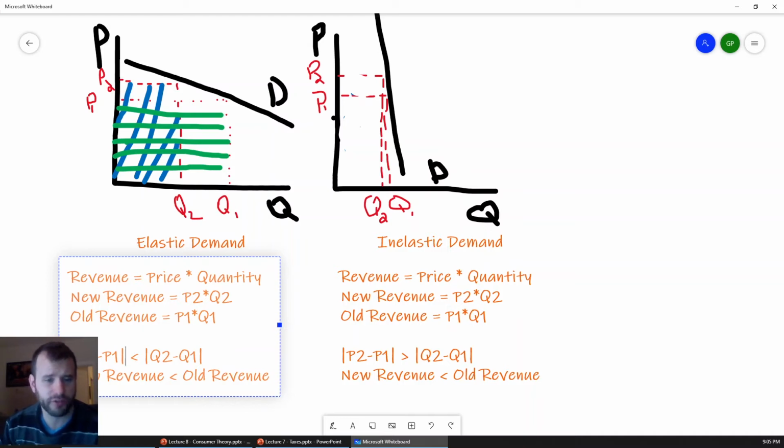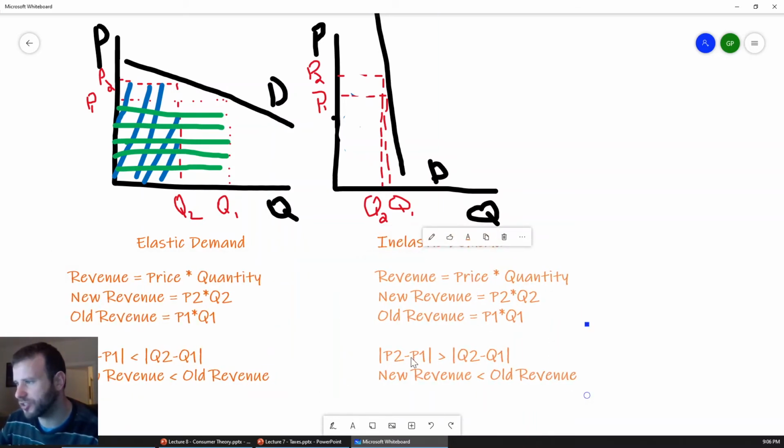So I recommend, even for price elasticity of demand, not using the absolute value, but I might use it just because it's technically the convention, okay?